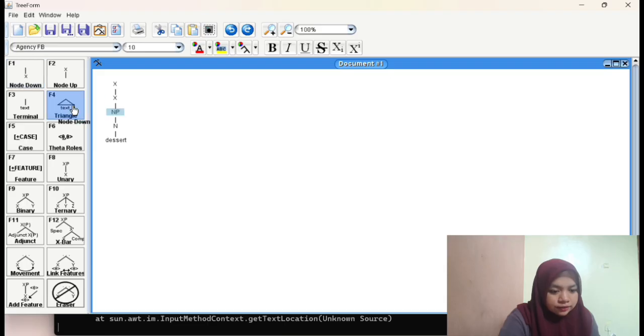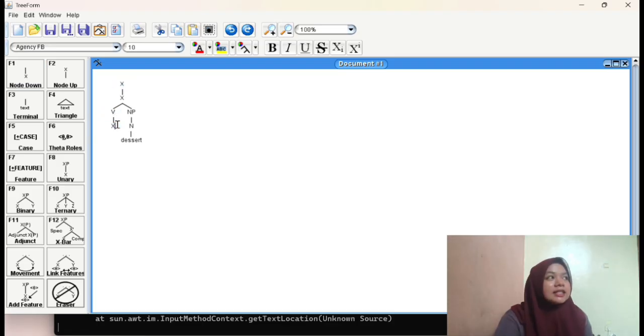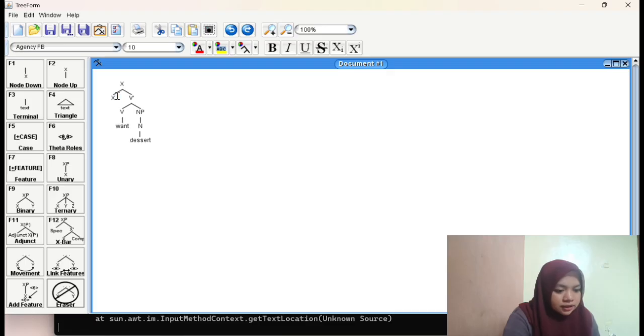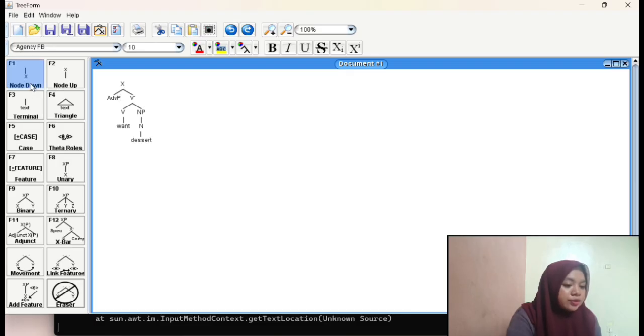"Want" is a verb, so it must be a verb phrase, but we still have another word, so it is not a perfect verb phrase, so it is a V-bar. We have "really". "Really" is an adverbial phrase because its function is to explain, and after we identify the verb, we need to know the tense.